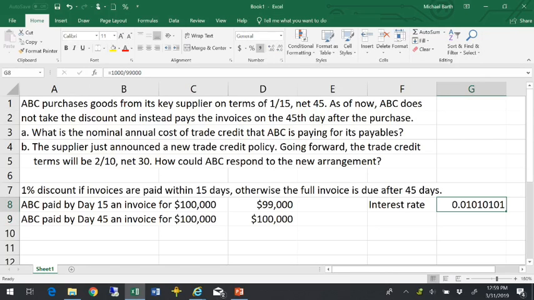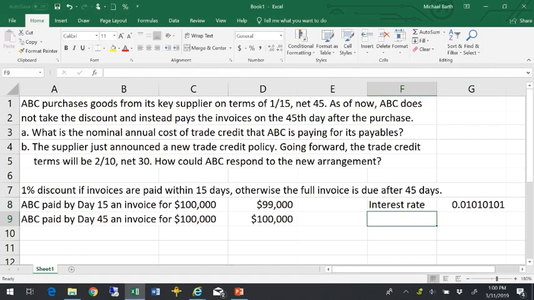Okay, still only 1%, which we can also get by taking the 1 divided by 100 minus 1. That's 1 from the 1/15, divided by the net invoice amount, which would be 100% minus the 1% discount. So that's the interest rate.